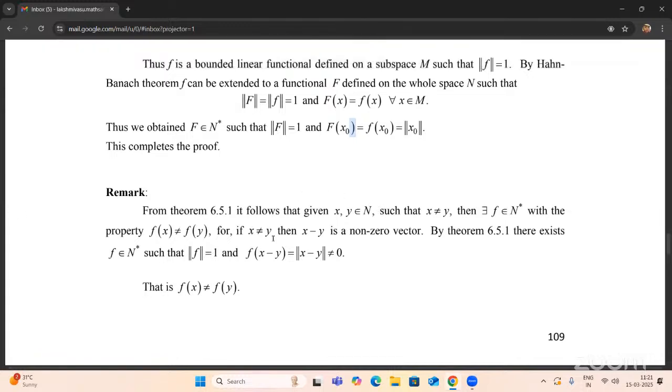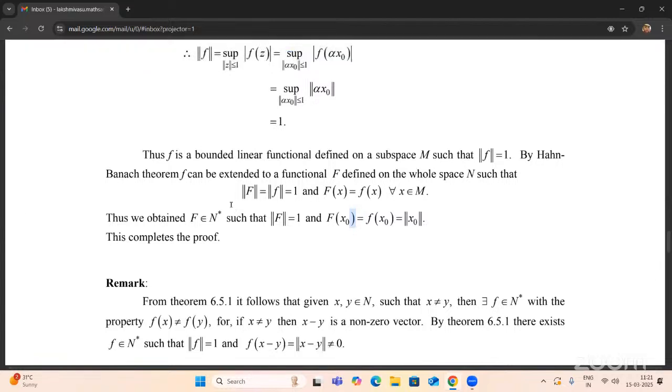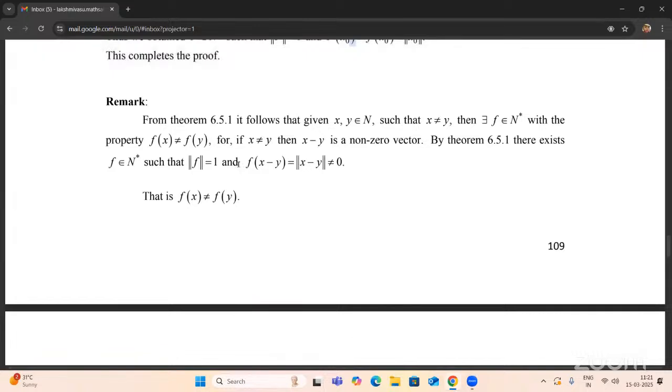For if x is not equal to y, then x minus y is a non-zero vector. By the first equation of the above theorem, there exists f belonging to N star such that norm f equals 1, so that f of x minus y equals norm x minus y.